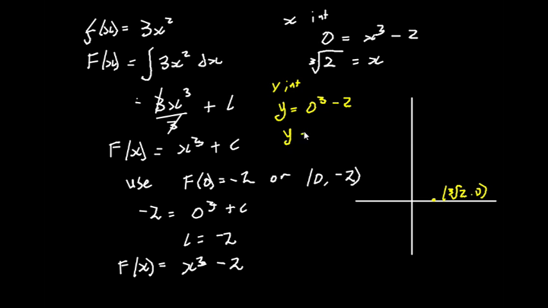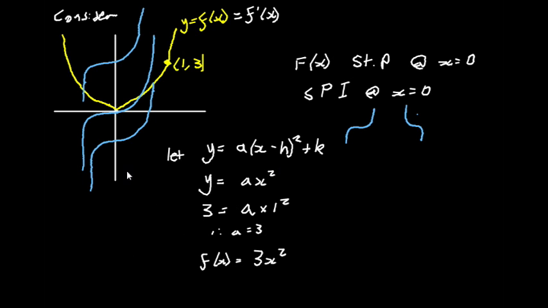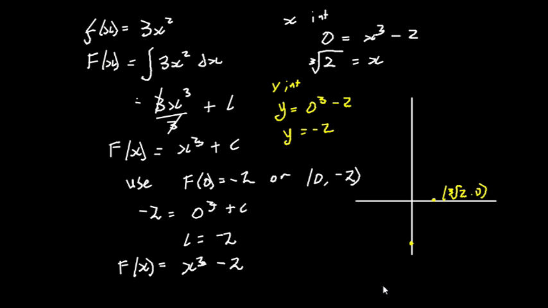So y is just minus 2. Just so happens that we know from past information, the stationary point of inflection is on the y-axis, so we have something that looks like that. So there's my stationary point of inflection at the y-axis, same point for both.